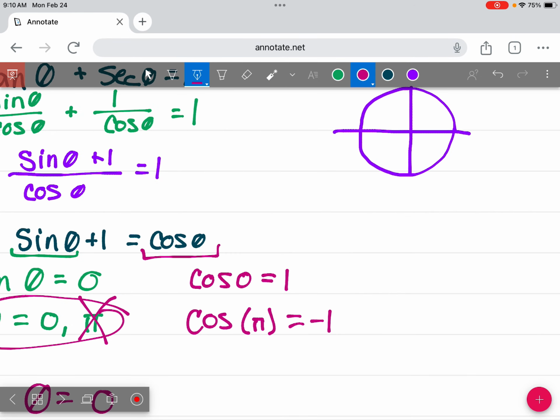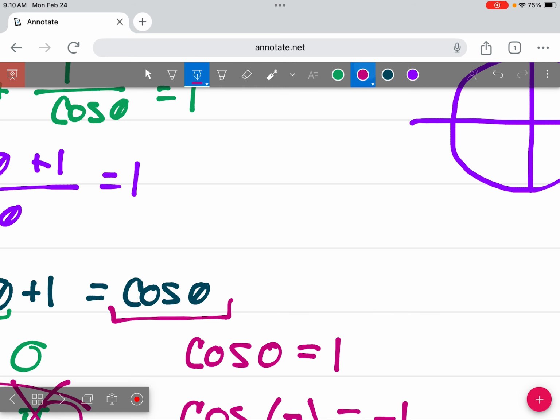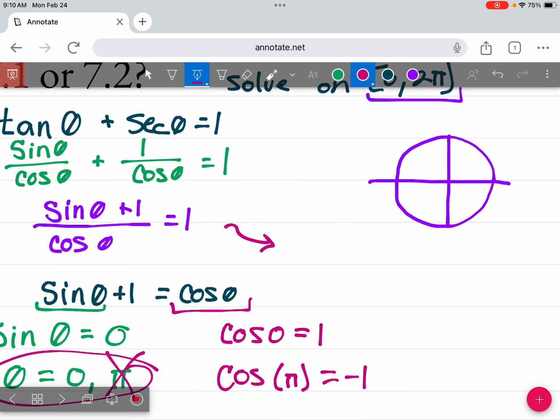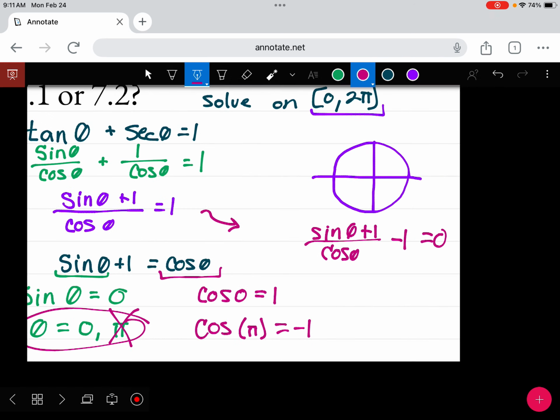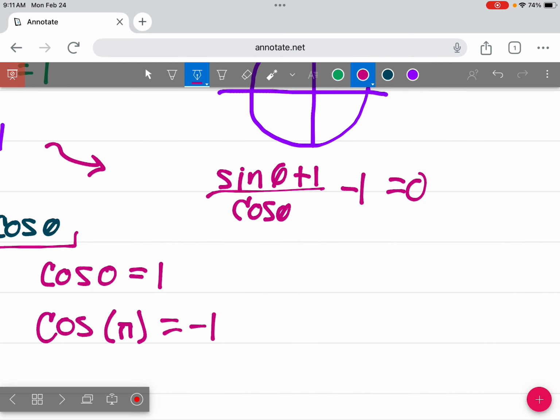Yeah, you can subtract 1 and get it to equal 0. It's going to be harder, though. You could do it as sine theta plus 1 over cosine theta minus 1 equals 0. And you'll be getting yourself to our common denominator.